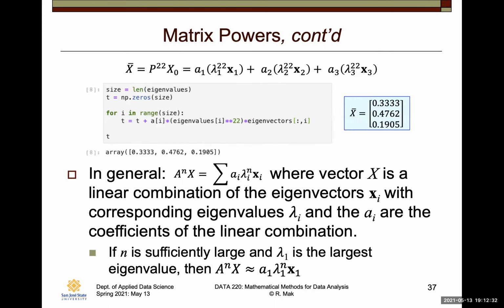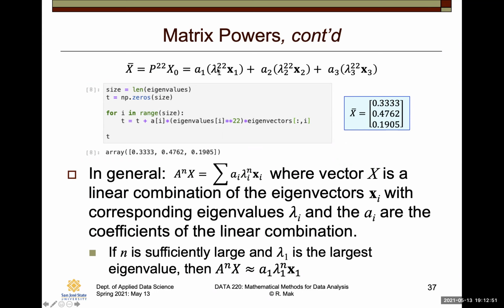Well, here's the magical formula. Remember that steady state x was P to the 22nd times the initial vector. To calculate that, we can do it this way instead.